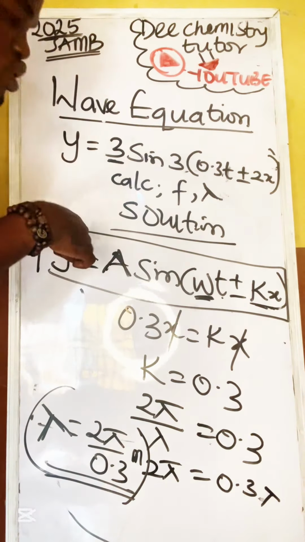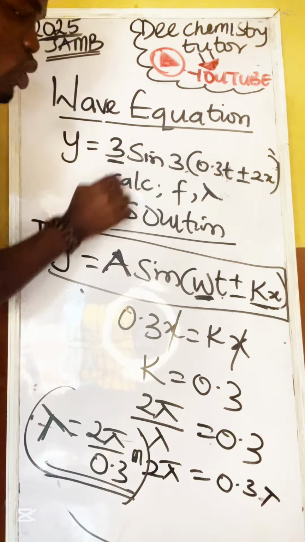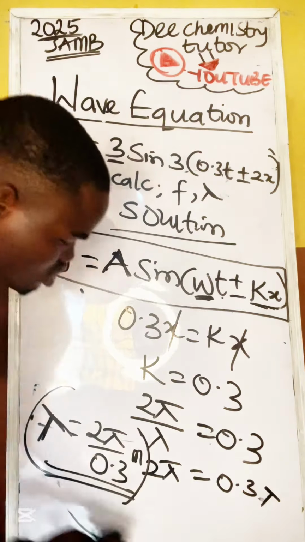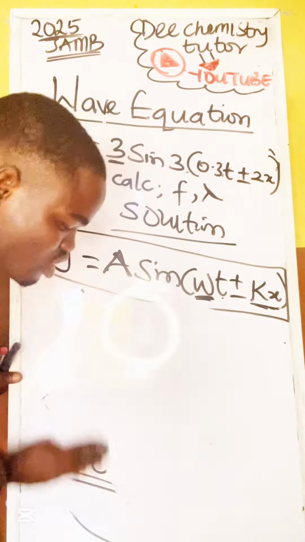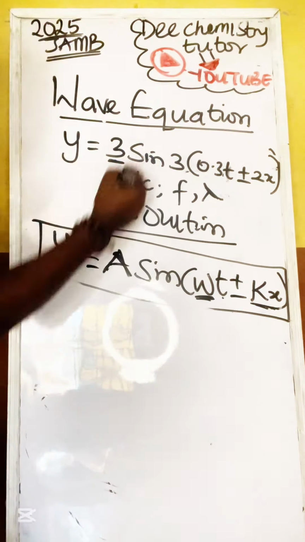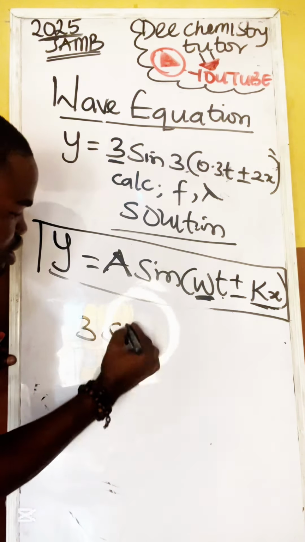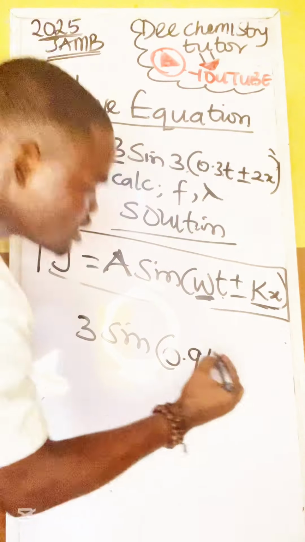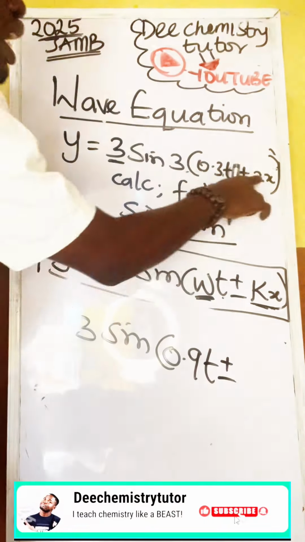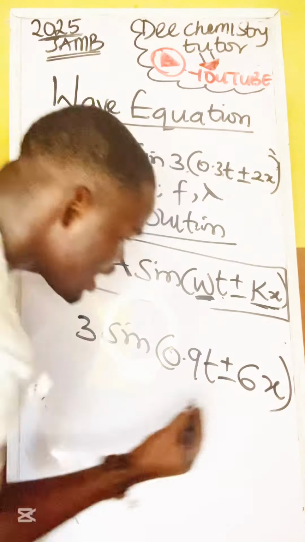So what you need to do is that this stuff must first be expanded. You must open the bracket so that this becomes 3 sine. Then 3 times this becomes 0.9t plus or minus, 2 times this becomes 6x.